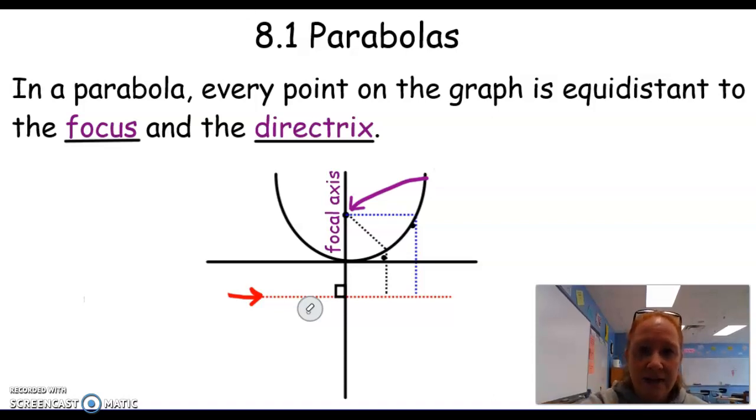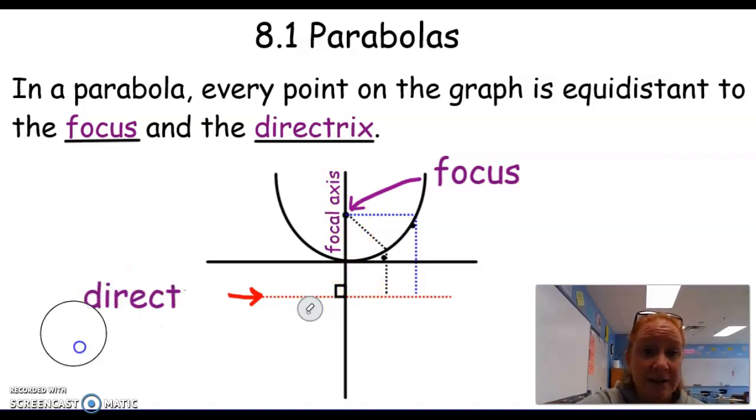So right here we've got the focus is going to be this point right in here. And then here is going to be the directrix.